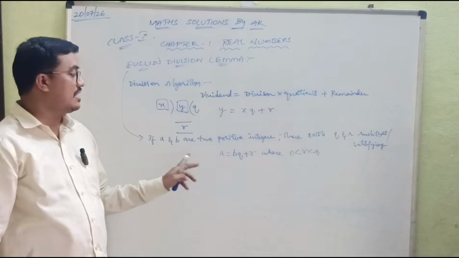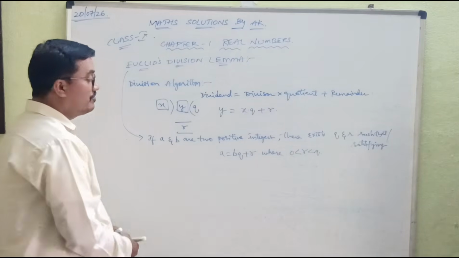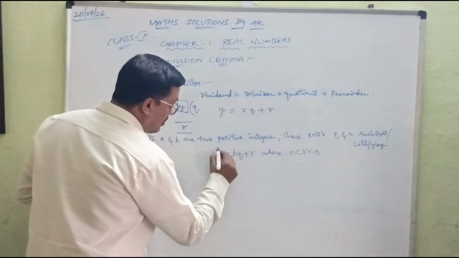Euclid's division lemma is saying this: a is equal to bq plus r. This is an equation you need to remember.